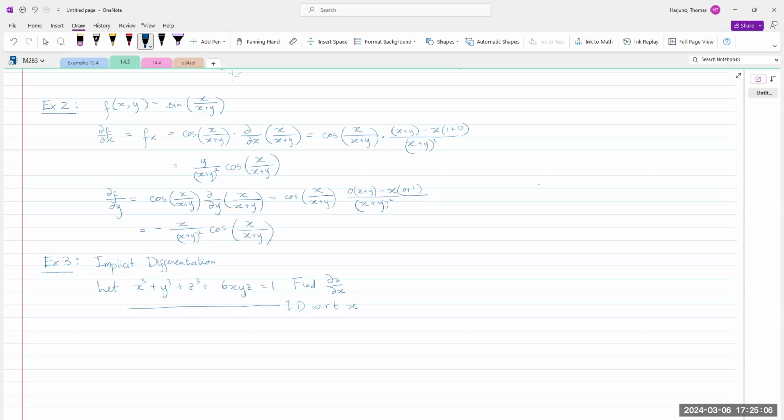So when we do the implicit differentiation with respect to x, we consider z as a function of x, of course of y also, but y is not. In other words, we consider y as a constant or a coefficient of x.